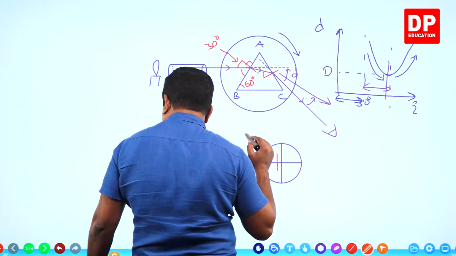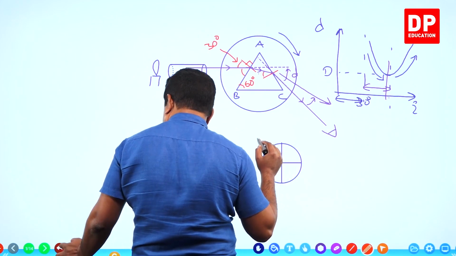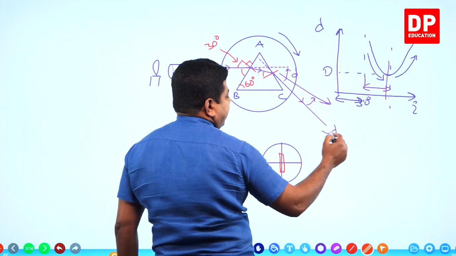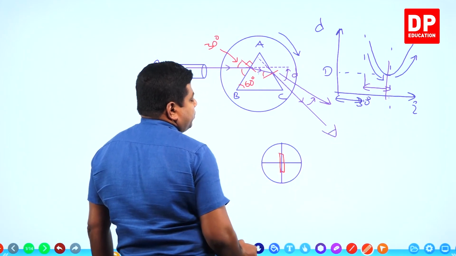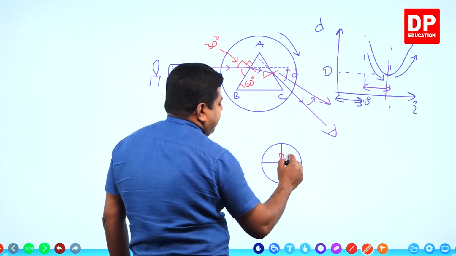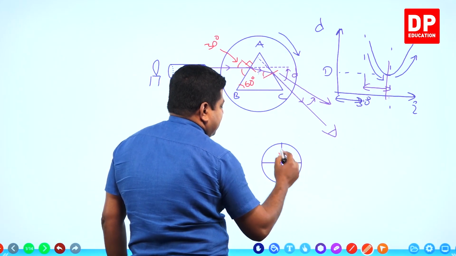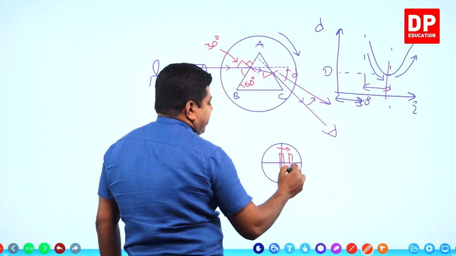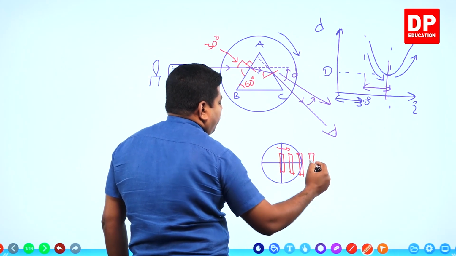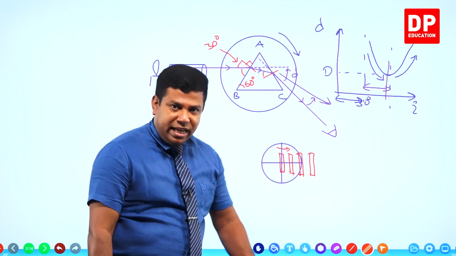Let's say when you start, when you're observing here, the image was this. This is the first image you see. Then when you are slowly rotating this table, you can see this image go to the right side. It will go further out. Then it will be completely out of your field. You will not be able to see that.